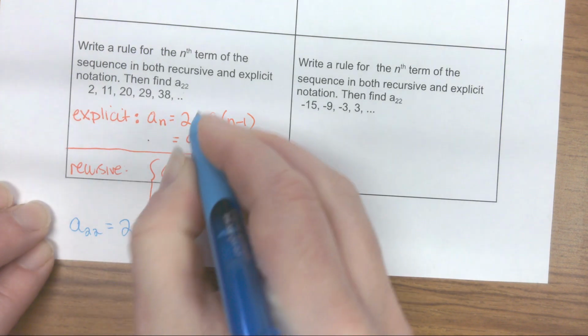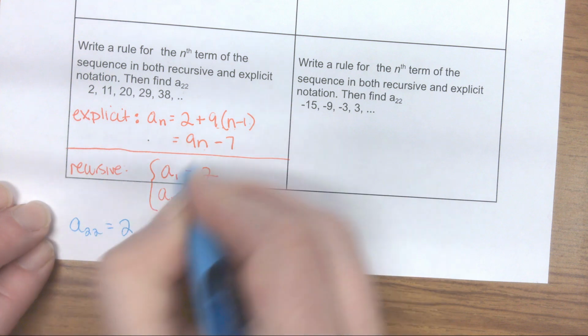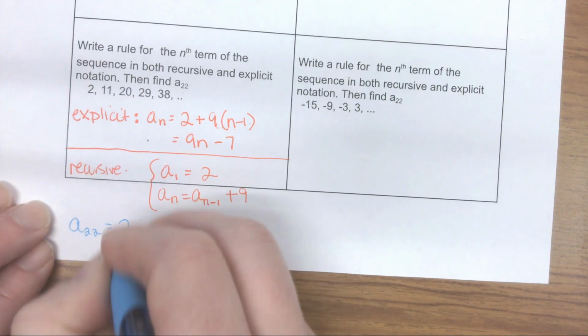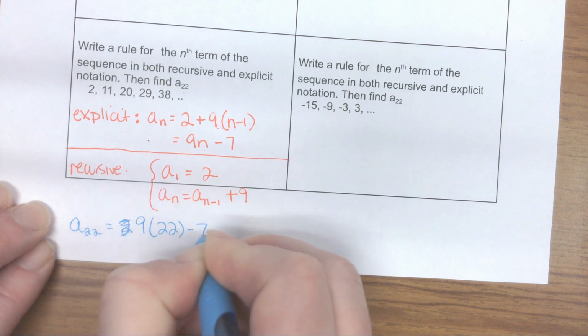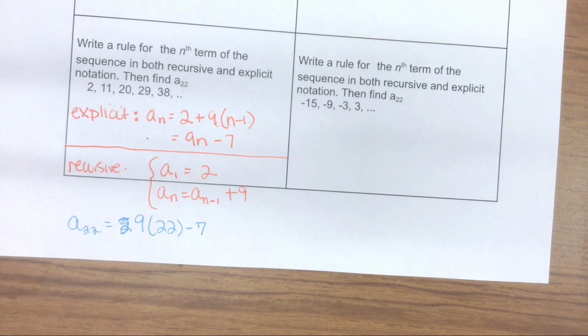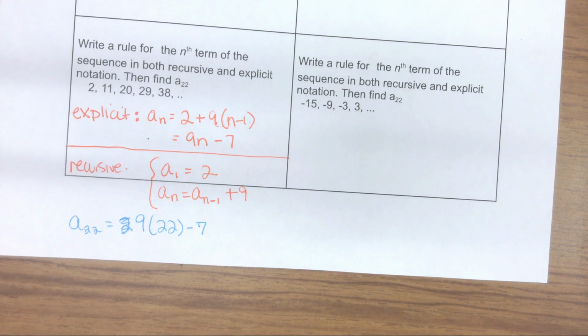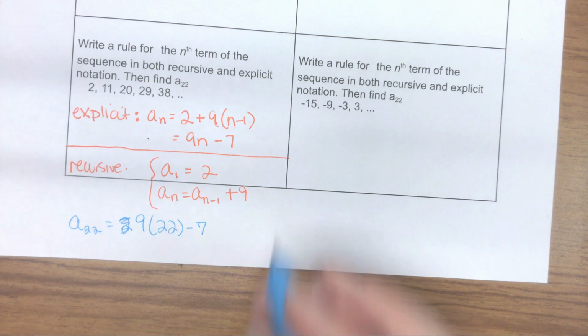You can use either row. If you're going to do this row, I'll do this. 9 times 22. What do we get for that? I got also 191.